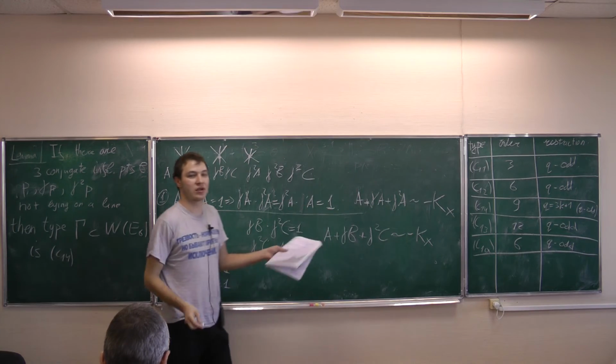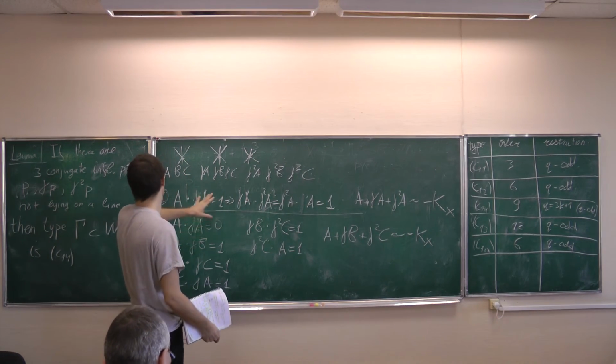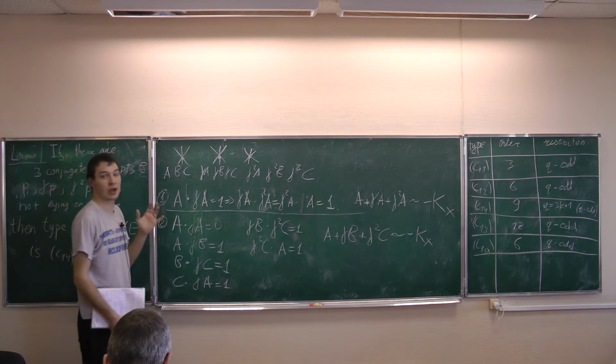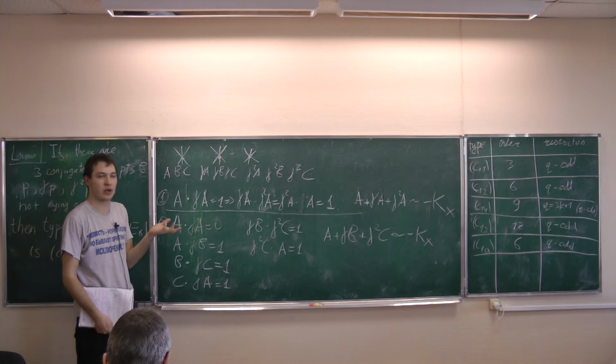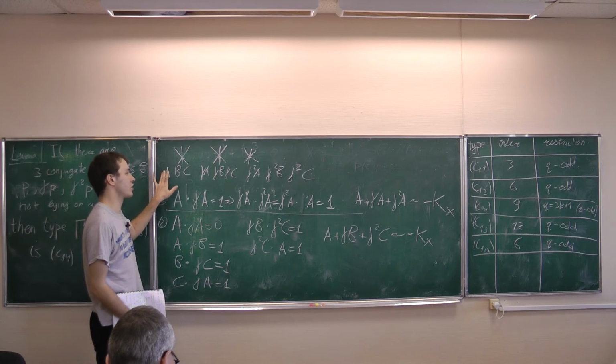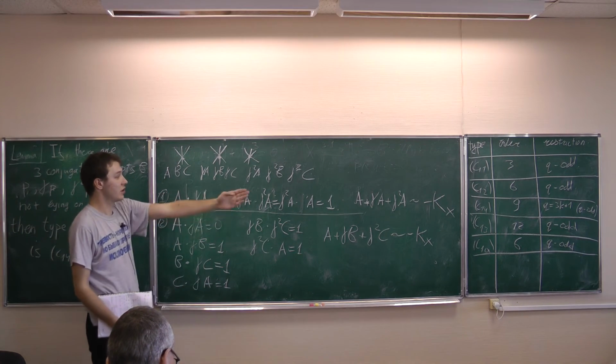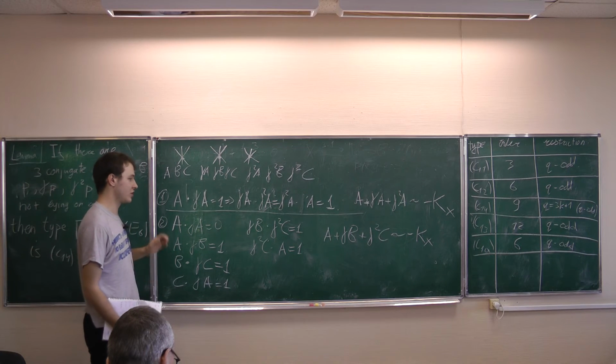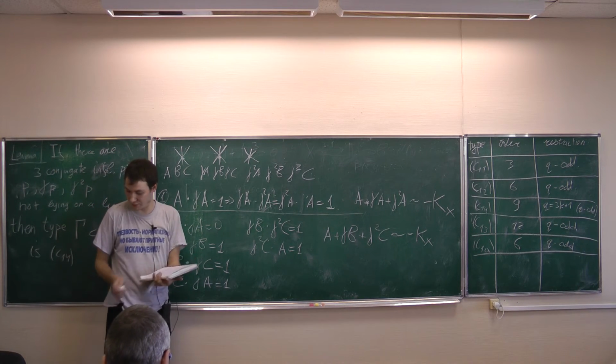And that means that 3 corresponding inflection points lie on a line. So we have a contradiction in this situation. And the only possibility is for the group action C14. In this situation, everything is clear.